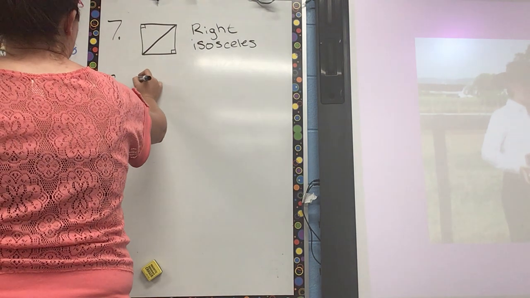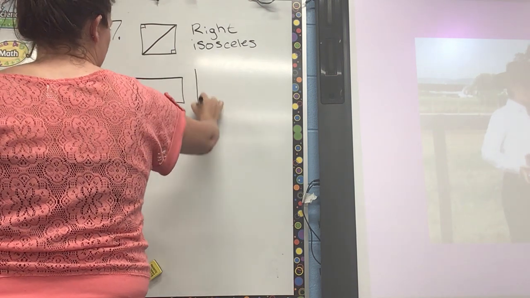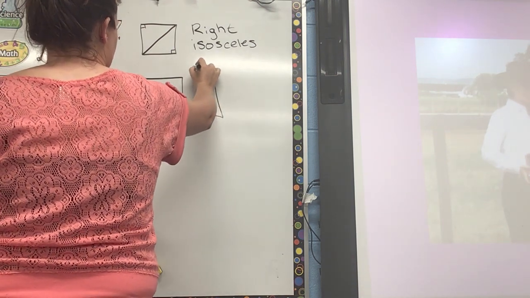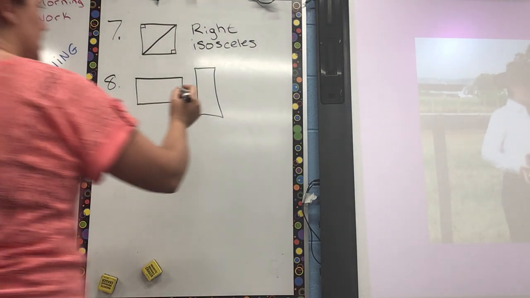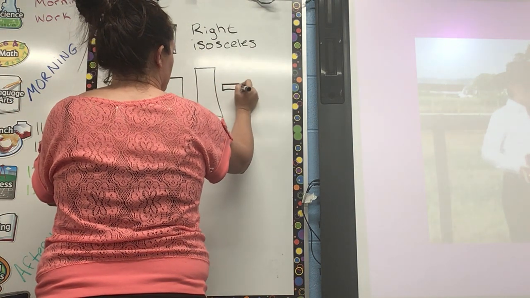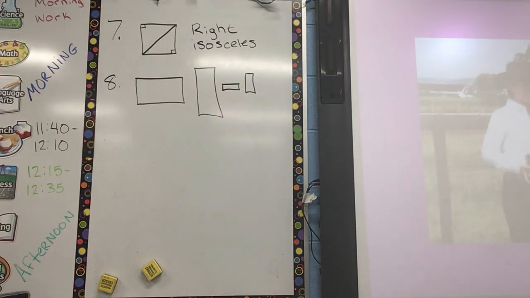If I drew a rectangle, and it doesn't matter which way I draw it, big or small, what is going to be the measure of each angle of a rectangle?